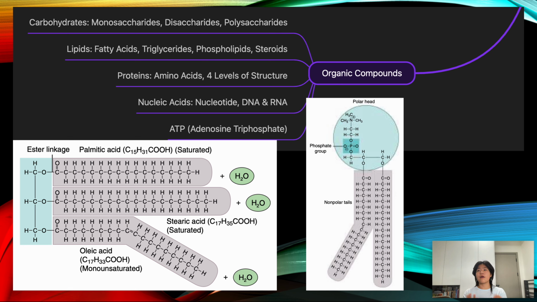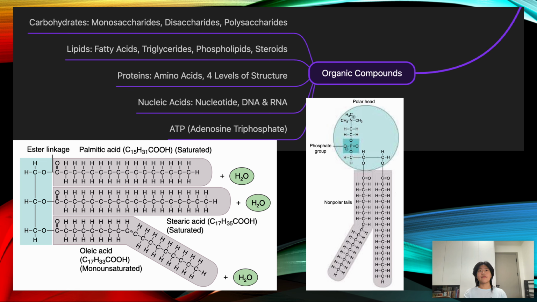So what is special about a phospholipid is that it has a polar head due to its phosphate groups, and then it has 2 nonpolar fatty acid tails. So in the cell membrane, the tails are facing each other and the polar heads face outward or face the solution outside of the cell or inside of the cell. So this is really important in making up our cell membranes.